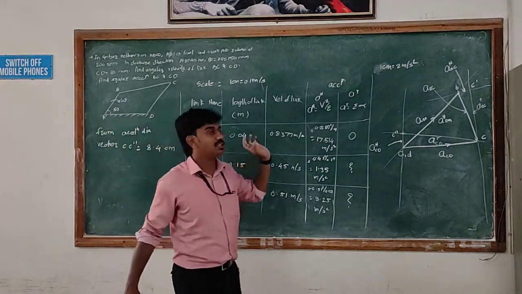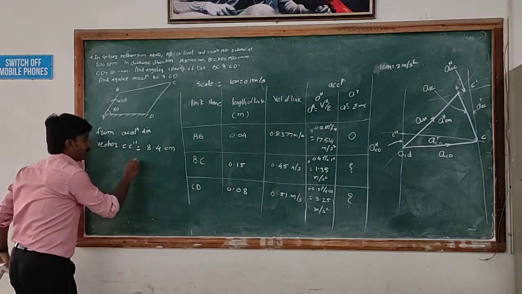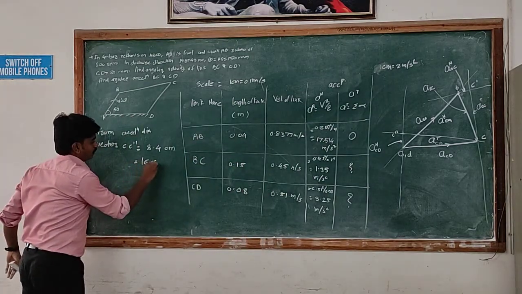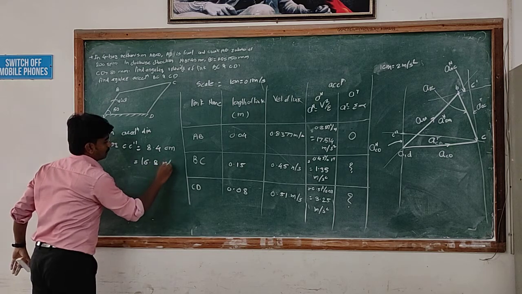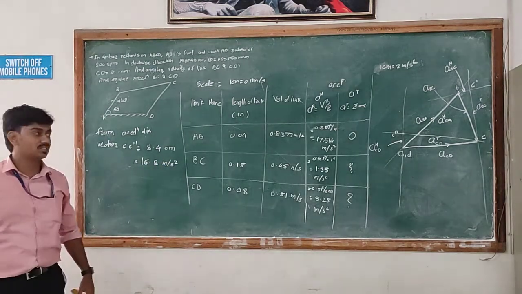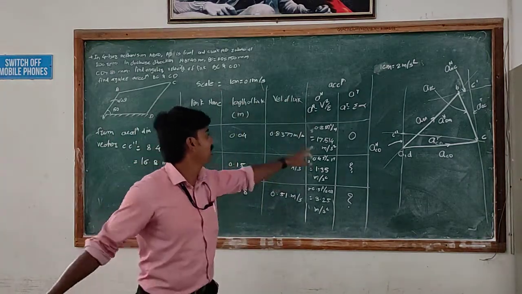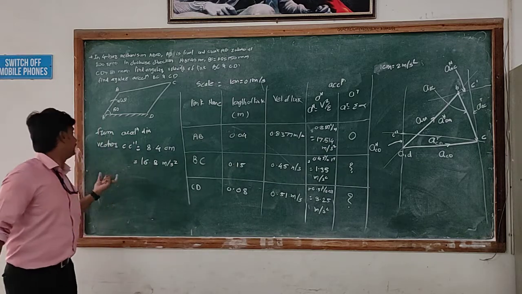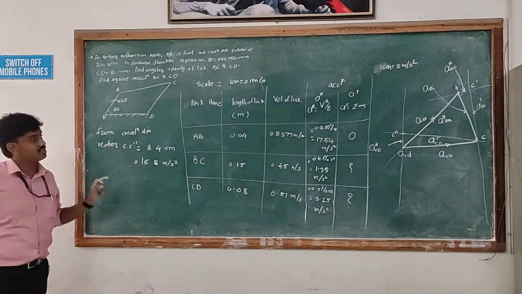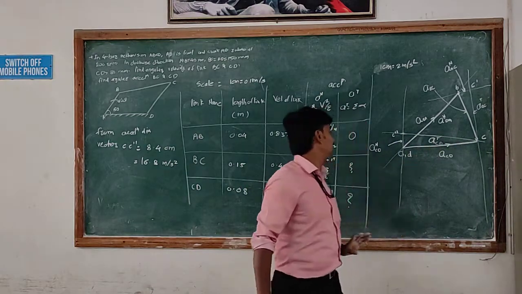Convert this into meter per second square by multiplying by the scale. So multiply it by 2, and we will get 16.8 meter per second square. This is the tangential acceleration of the link CD.